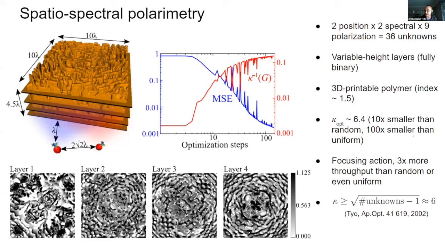So the improvement is twofold. Not only the improvement in the condition number, but also the improvement in the transmission, which is very important because now you can also try to acquire these data in low light conditions, for example, right?